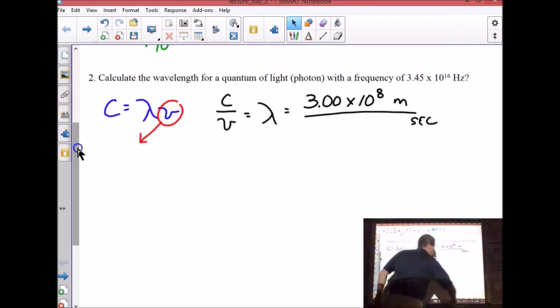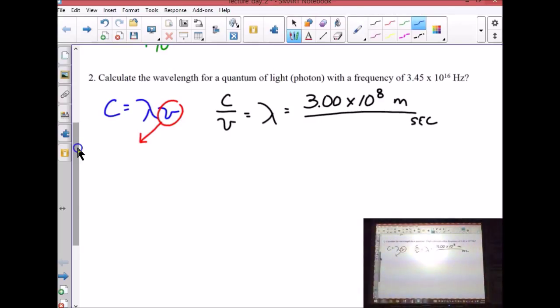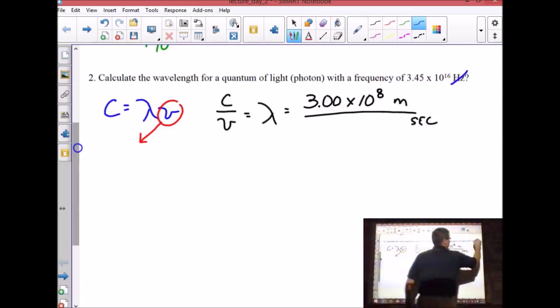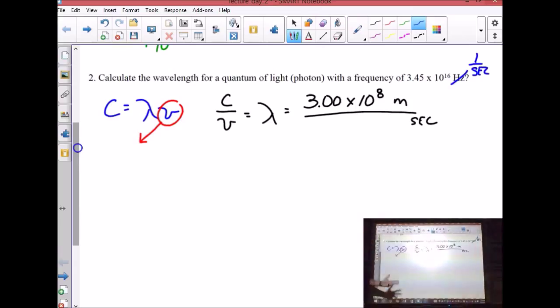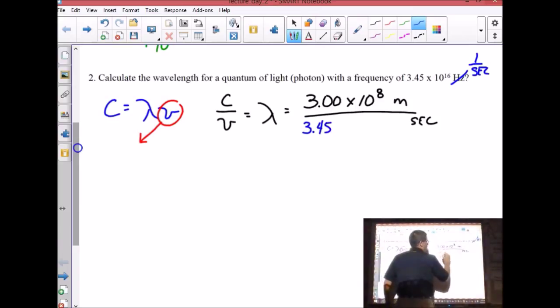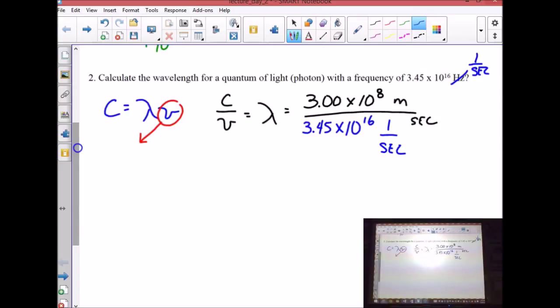Do we need to do anything fancy to the frequency? I would make sure that I change the hertz to 1 over seconds, because we don't want to put the unit hertz within the math, since that doesn't help us out. I'm going to put the number in here, and I'm going to show you what I'm going to do to the unit, just to help you out. If I write 1 over seconds, technically that's right. But also, what does that equal?